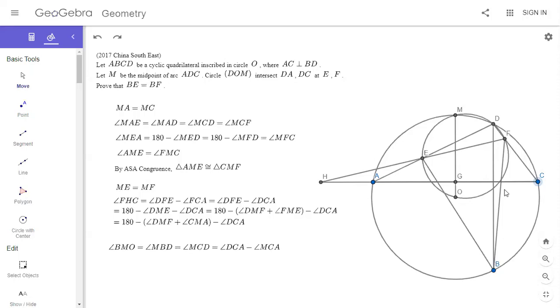Law of sines or something? Possibly. Because sine, yeah. Maybe Pascal's theorem or something? No, I don't want to use Pascal's here.